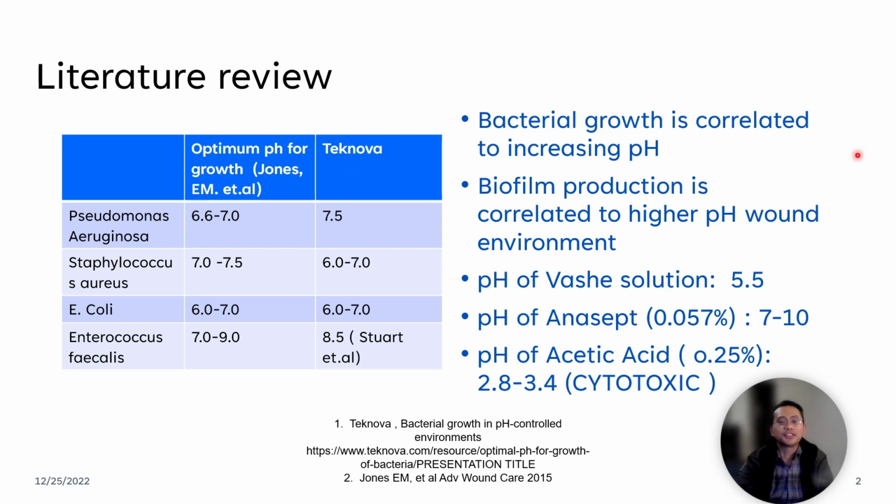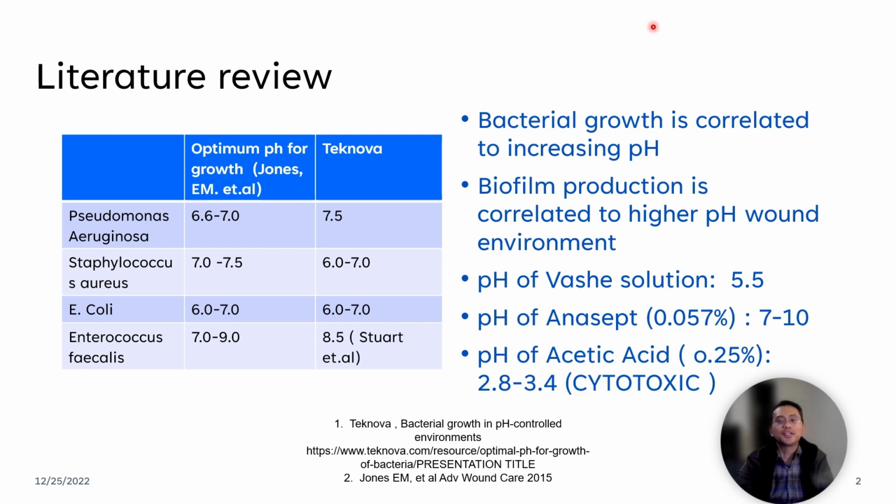I would like to mention that the pH of Vashe is 5.5 and the Anasept is 7 to 10. And as a side note here, the pH of acetic acid at 0.25% concentration is 2.8 to 3.4.